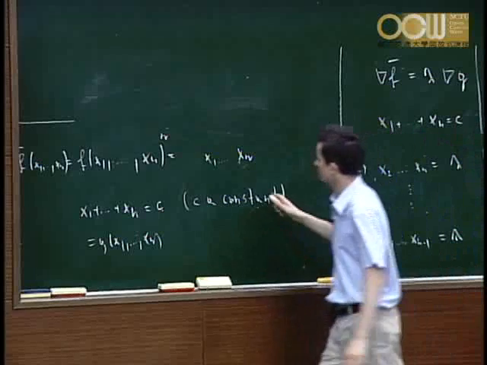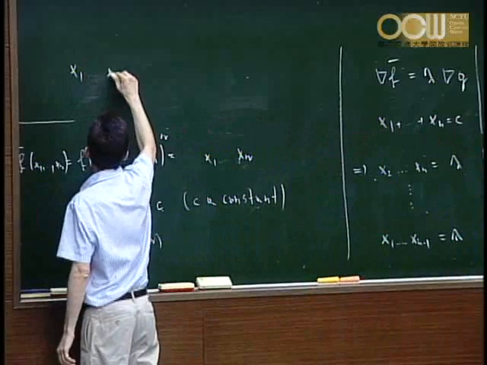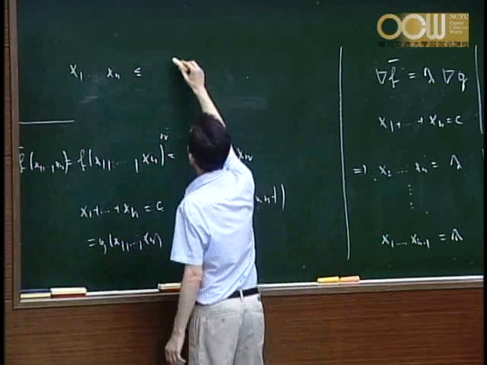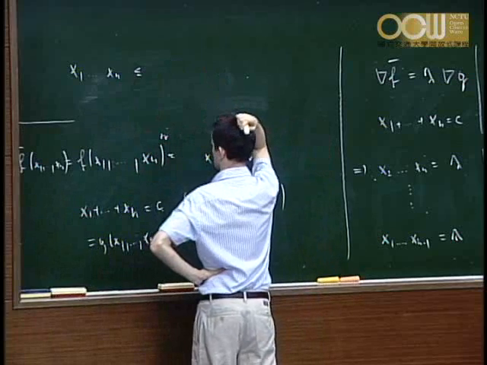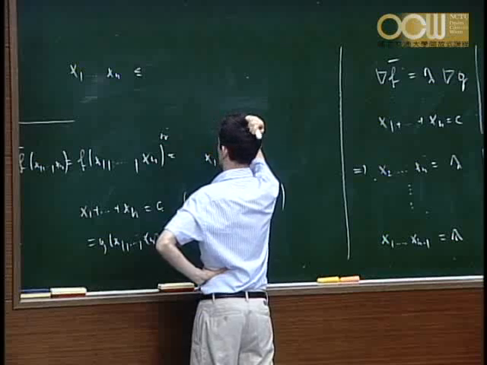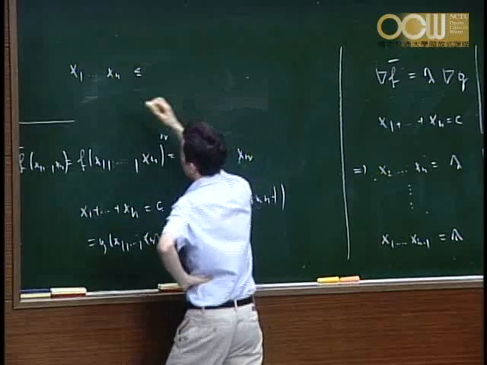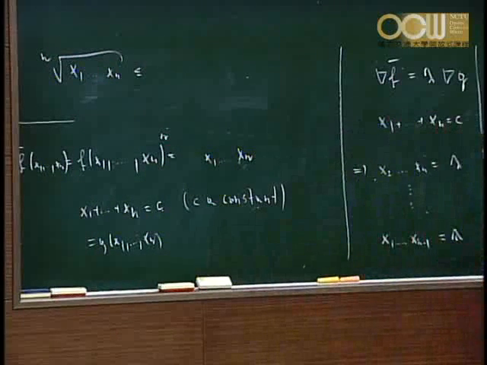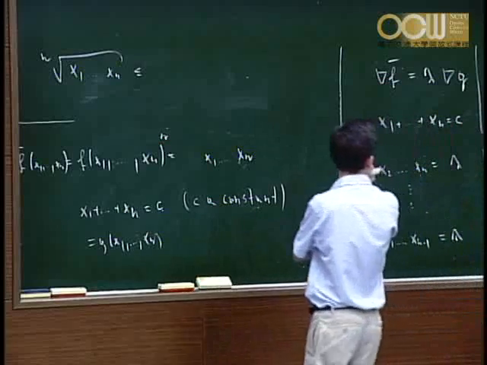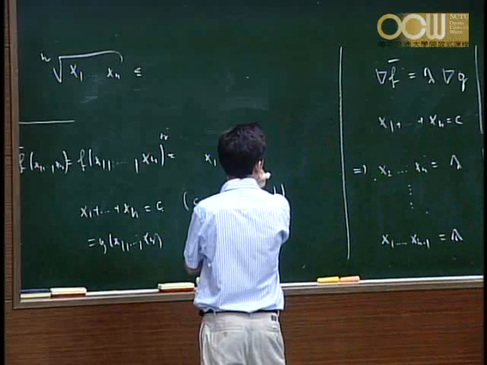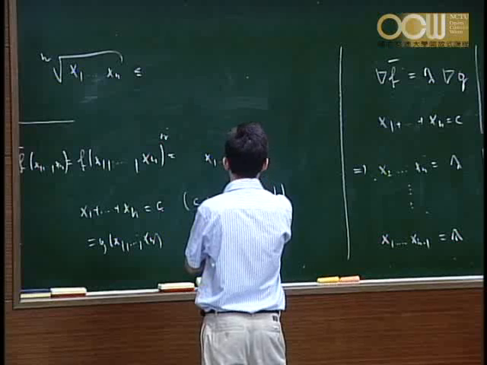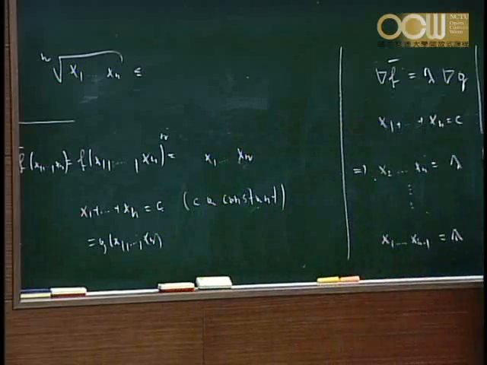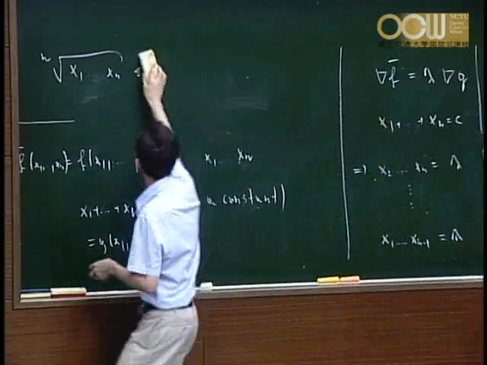Now you see that from this we get that x1 up to xn is smaller or equal to... Wait a moment, something's wrong. I haven't actually computed the maximum, sorry.